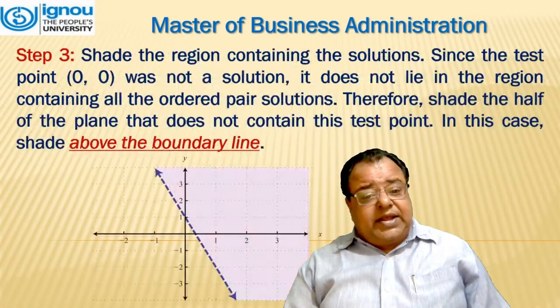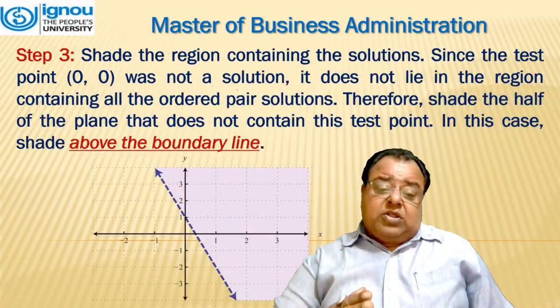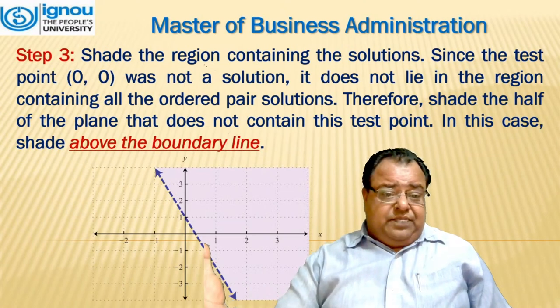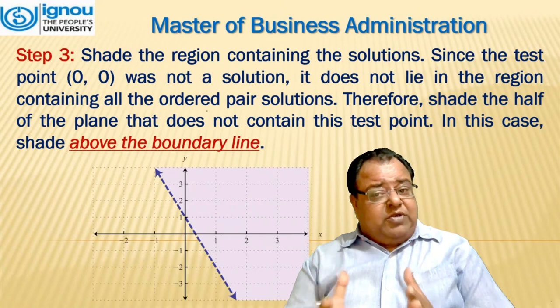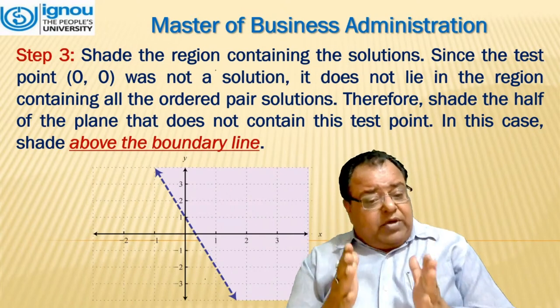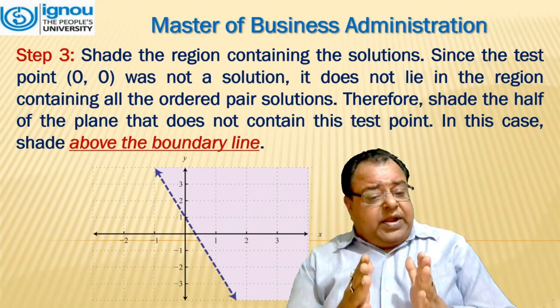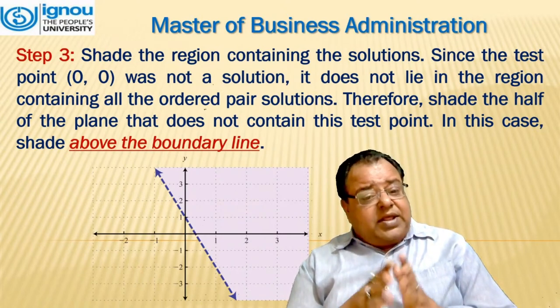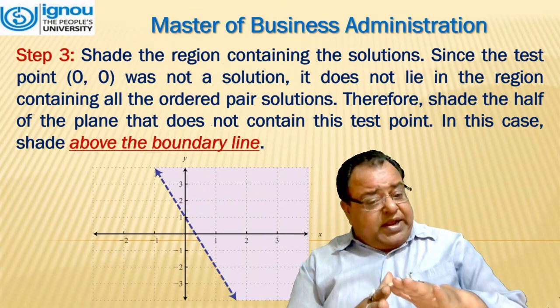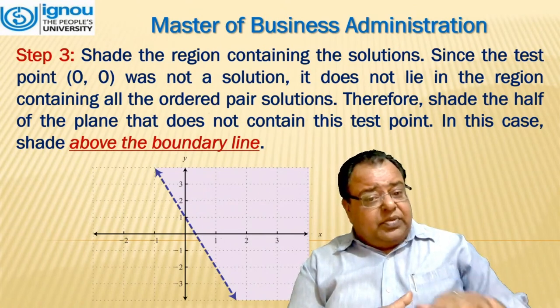That means in that case, the region on the other side of 0 comma 0 will be your region for the solution. We have to keep that in mind. If it would have been 0 less than 1, then in that case its area would be towards the origin.